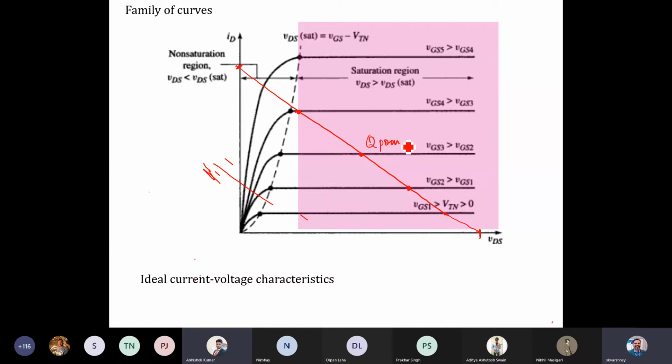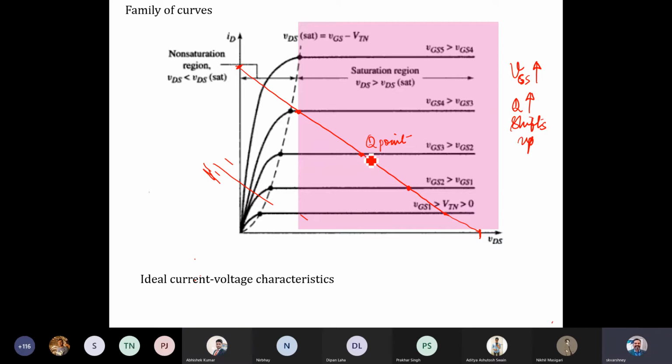So what you see is that as we increase the gate to source voltage, let's say this is the situation for the NMOS, as the VGS increases, the Q point shifts up.